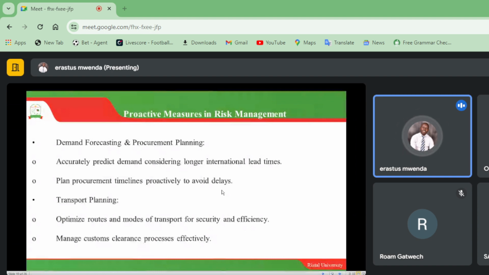So that's what we are seeing in the explanation. The black dot is the main point, and the dot that is like a hollow one is an explanation of it. We are simply emphasizing the need to accurately predict demand, where we consider longer international lead times. And then we also need to develop procurement timelines proactively to avoid delays.